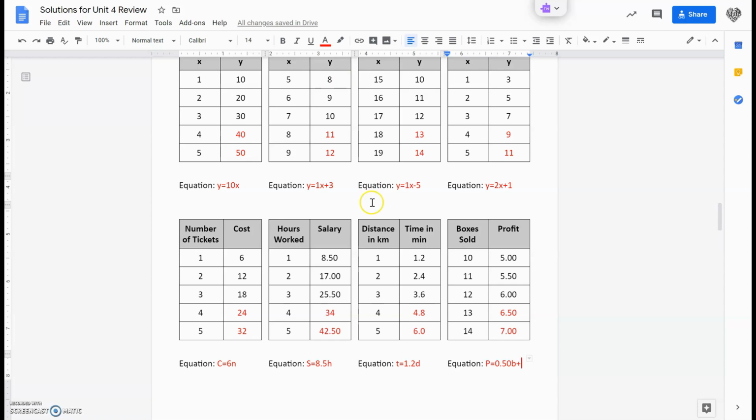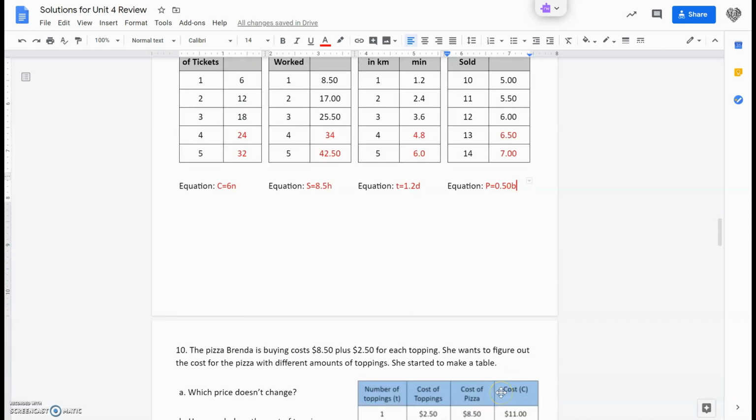So instead we can just say 10 times 50 cents would be $5. So I don't need to add anything to make that true. 11 times 0.50 would be 5.5. I don't need to add anything to make that true. So my zero value would actually be 0. So it would just be my profit equals 0.50 B. Okay.